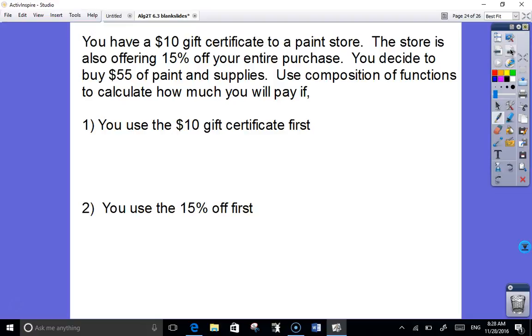So let's see, how would I do the calculation if I'm going to do the $10 off first? So we're starting with a cost of $55, right? And then we're subtracting the $10. And then how is it that I apply a 15% off?